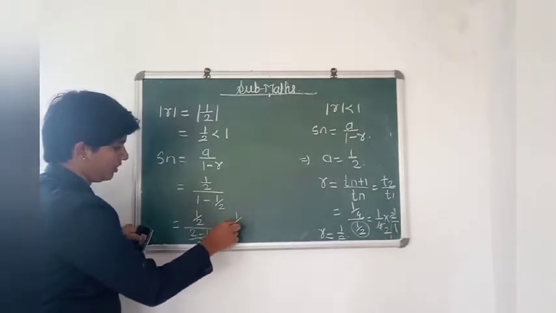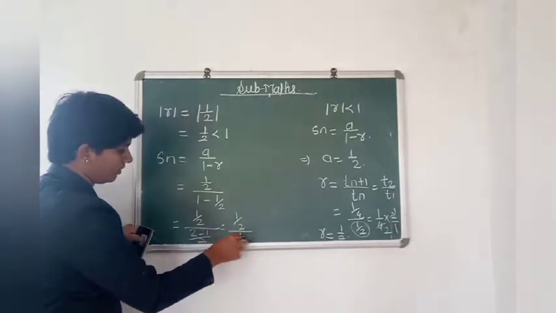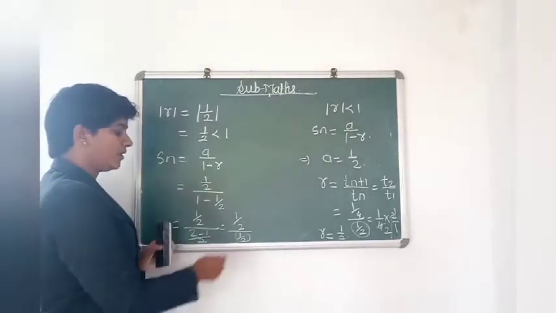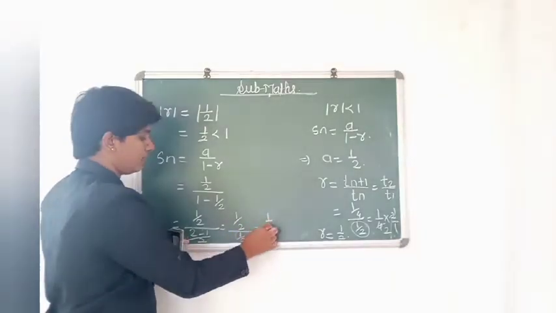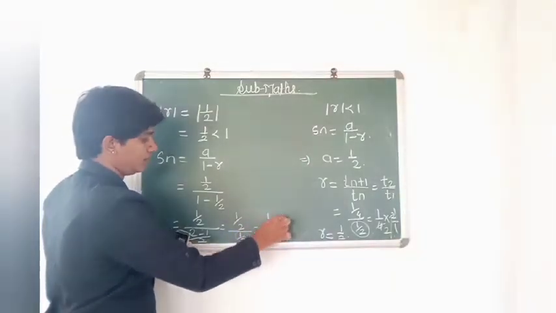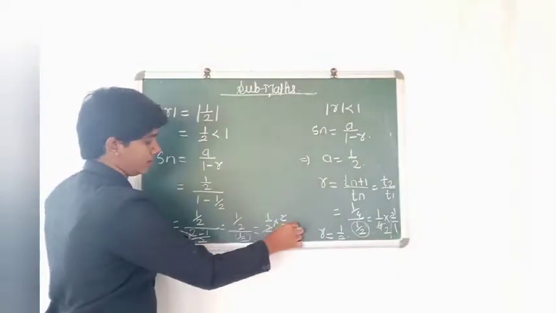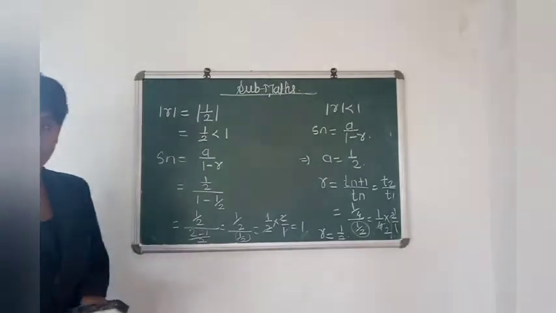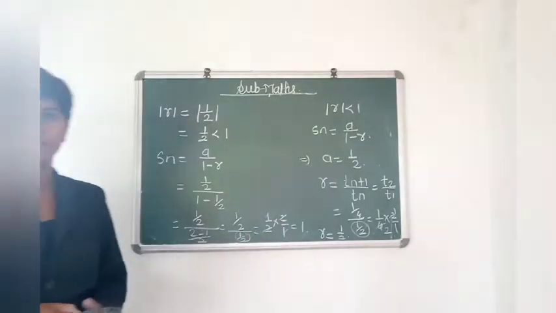So we get 1 by 2 upon 1 by 2. The value goes from the denominator to the numerator as a reciprocal and multiplies. That means 1 by 2 into 2 by 1. So 2 gets cancelled, 1 is also cancelled. So the sum of the given sequence is 1.